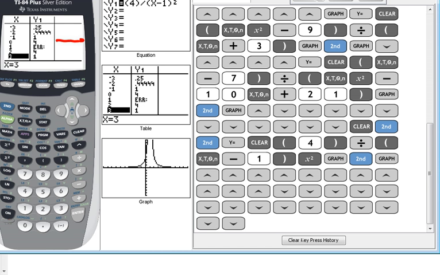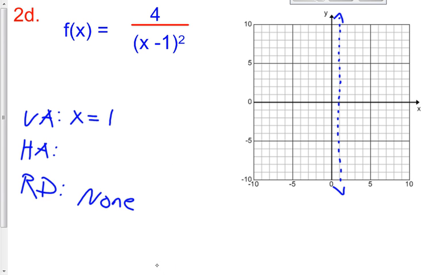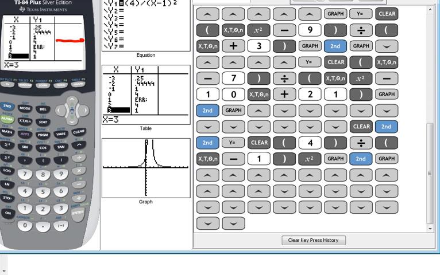So, from here, we're now going to say that our horizontal asymptote is y equals 0. We'll draw that in there. And now we're going to draw 2 points to the right of my vertical asymptote and 2 points to the left of my vertical asymptote. We're going to find those on our graphing calculator.